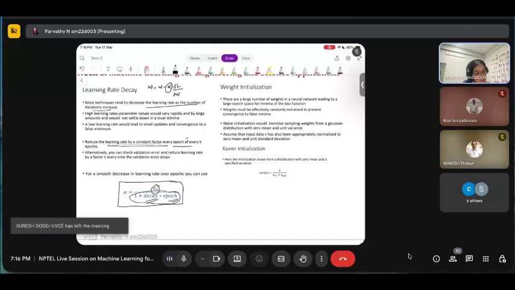Then coming to weight initialization. There could be poor weight initialization if you randomly select some weights. One issue is that poor weight initialization can cause the training to fail entirely, even when we have a very good model and all the other parameters.